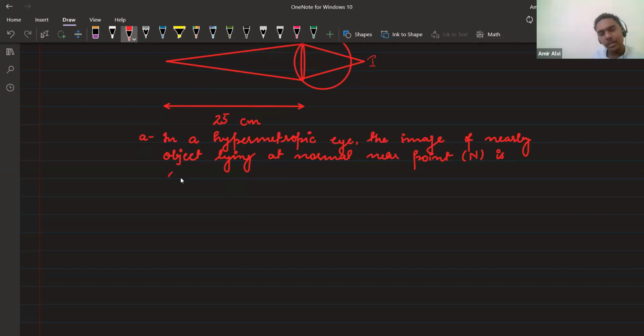As you can see, the image is formed behind the retina. Say yes or no, everyone. Yes, sir.